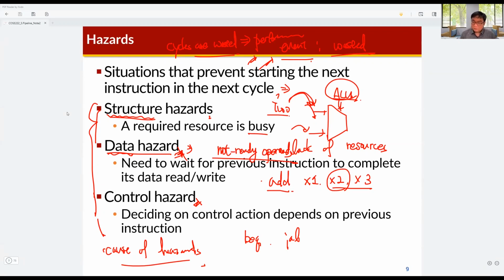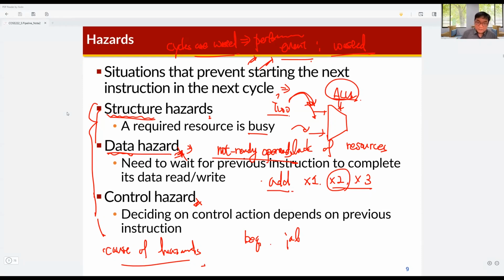What is the meaning of a hazard? A hazard is an event that wastes clock cycles. I repeatedly mentioned that we assume one instruction can be executed every clock, but for some reasons, this assumption can be broken because of hazards.